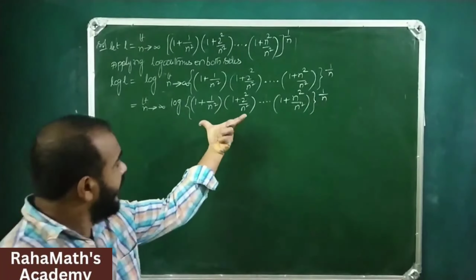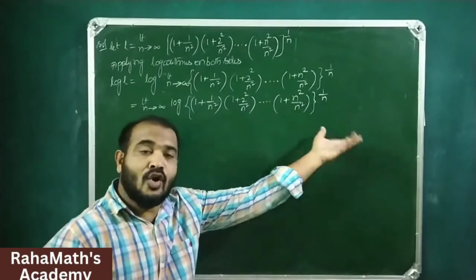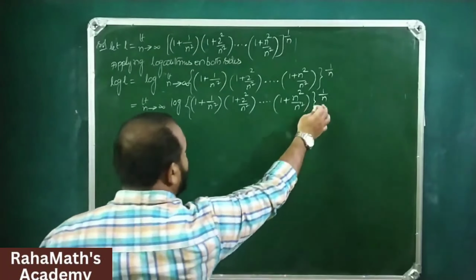Since log aᵐ is m log a, this power will come forward.